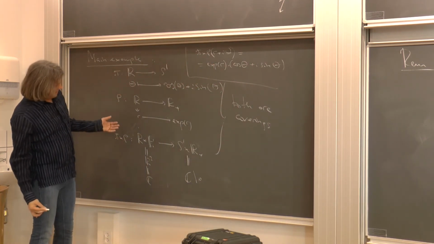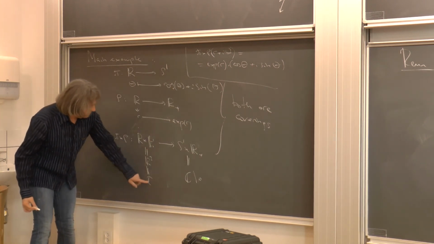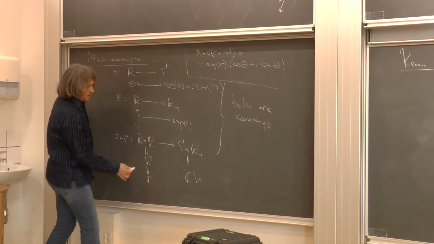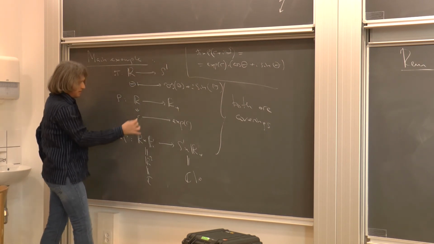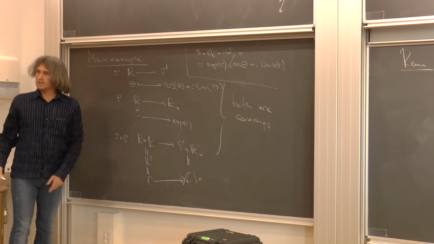So what's the outcome? This map from C to C without zero, well, both of them were surjective, and so this is a surjective map. And by what I said, it is a covering.